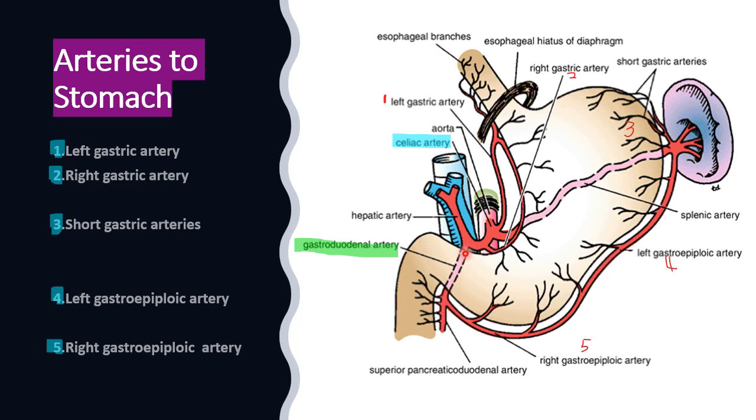This gastroduodenal artery is an important artery because in cases of bleeding ulcer, the source of bleeding is this artery. The ulcer erodes posteriorly into this artery. So in general, these are the 5 main arteries that supply the stomach. It's important to note they all finally originate from the celiac axis. That is the abdominal aorta.